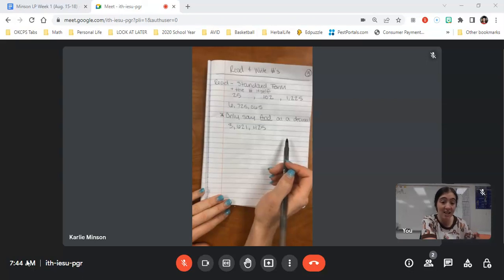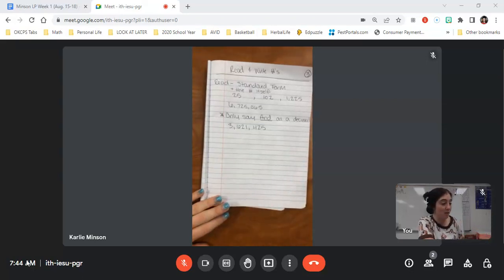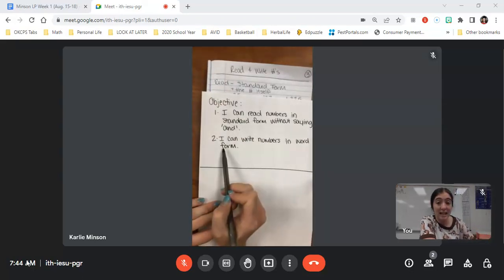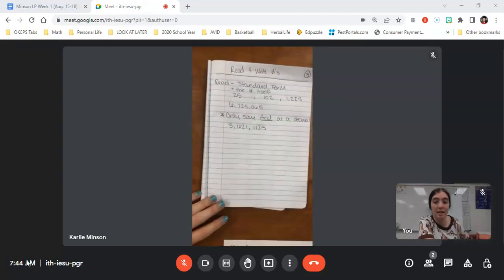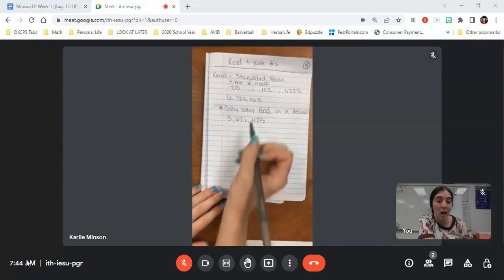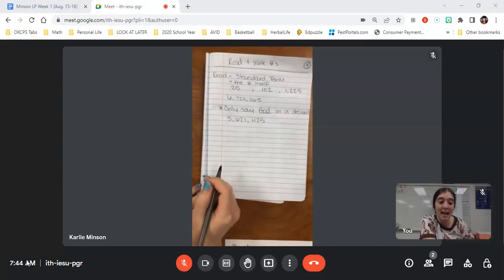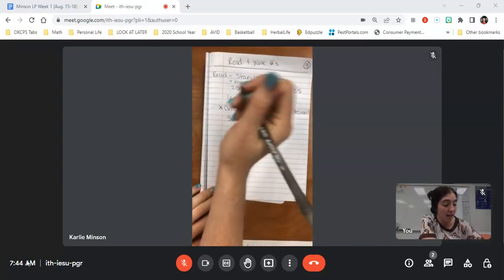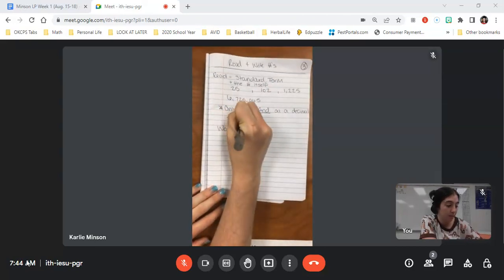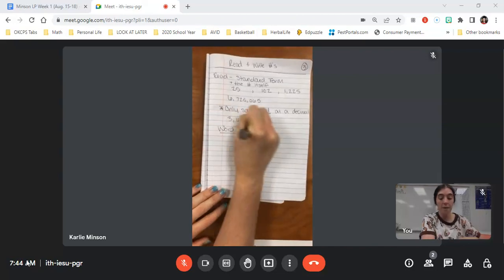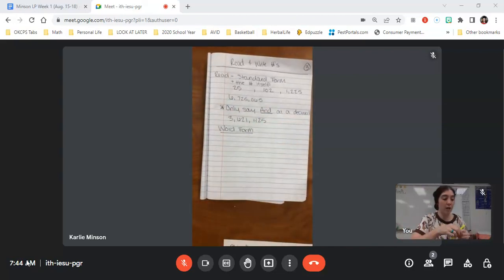That brings us into our next objective, which is I can write numbers in word form. So the reason we're putting this together is because writing numbers in word form is exactly how you say it. So our second vocab word, word form. I'm going to get my highlighter and highlight our vocab words.